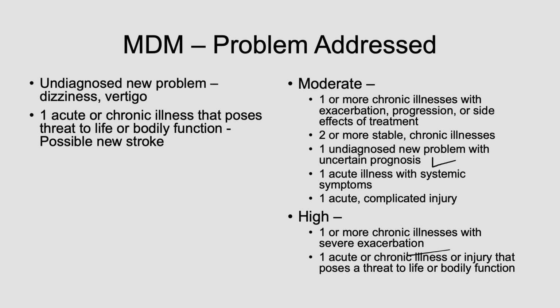These may be included in this category when the evaluation and treatments are consistent with this degree of potential severity. They're not saying the patient had a new stroke, but potentially they do. So you can do this as high even when it's only potential. It doesn't have to be for sure. So therefore, we're going to say problems addressed is at high.